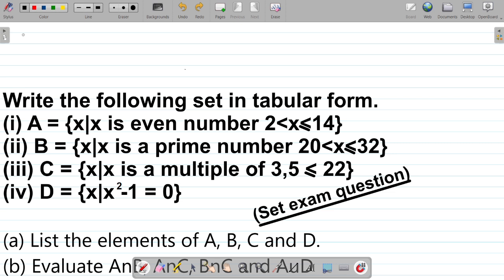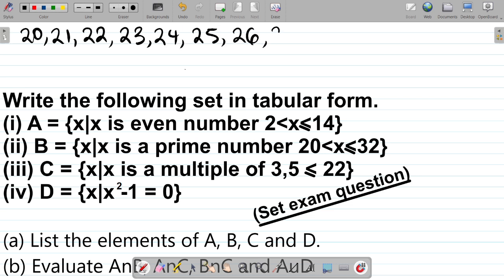So from 20 to 32, we have 20, 21, 22, 23, 24, 25, 26, 27, 28, 29, 30, 31, and 32.